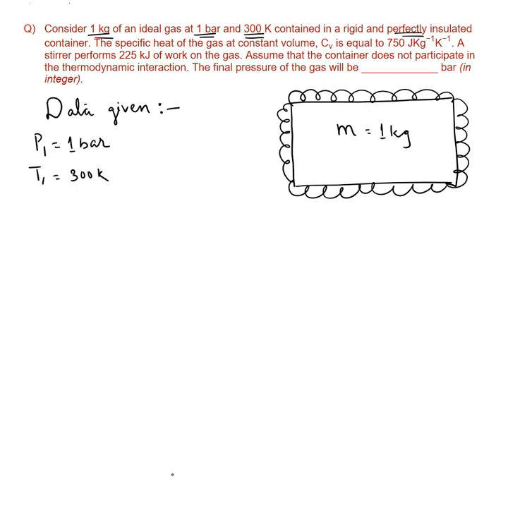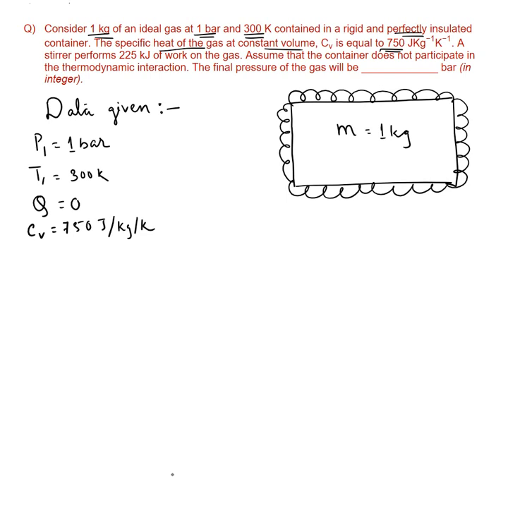It means there is no heat interaction between system and surrounding. So we can consider here Q equal to 0. Next is the specific heat of the gas at constant volume, Cv equal to 750 joule per kg per Kelvin.